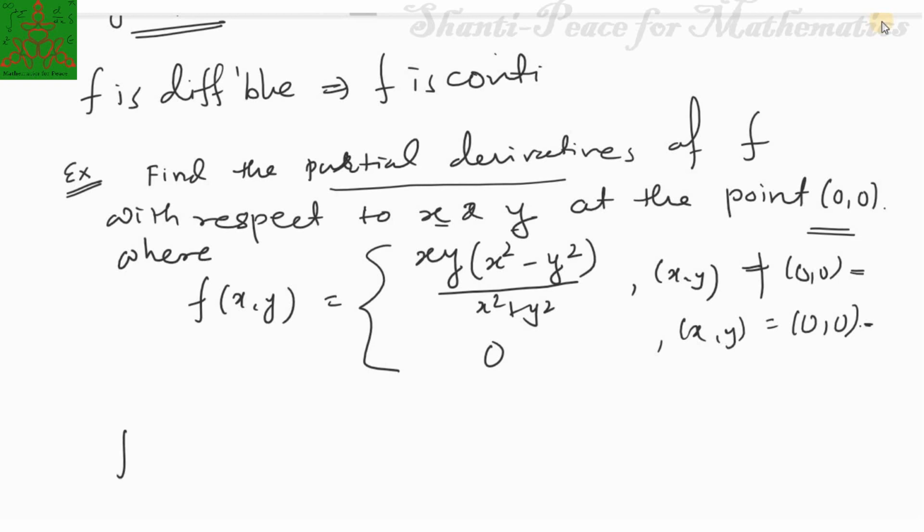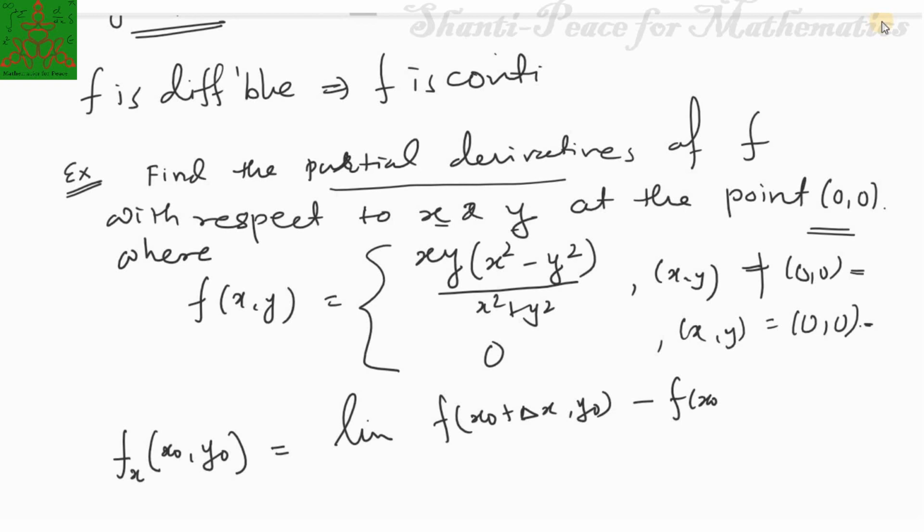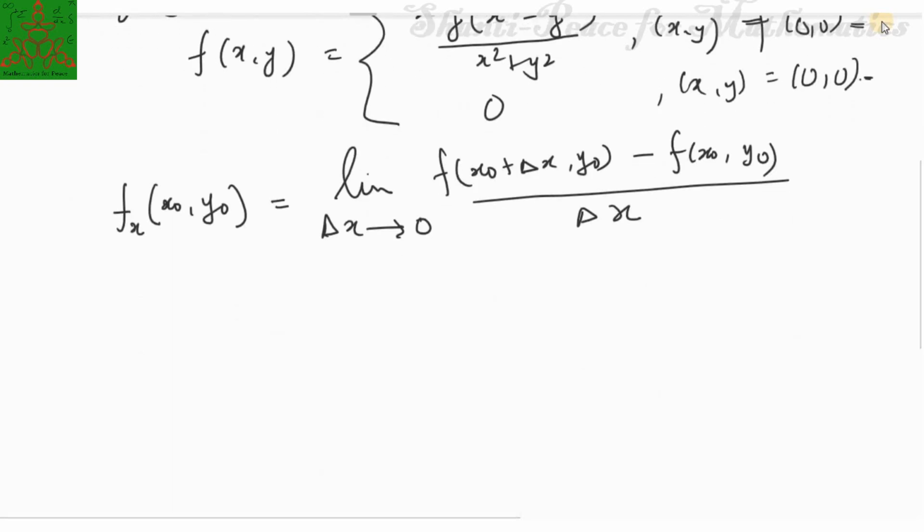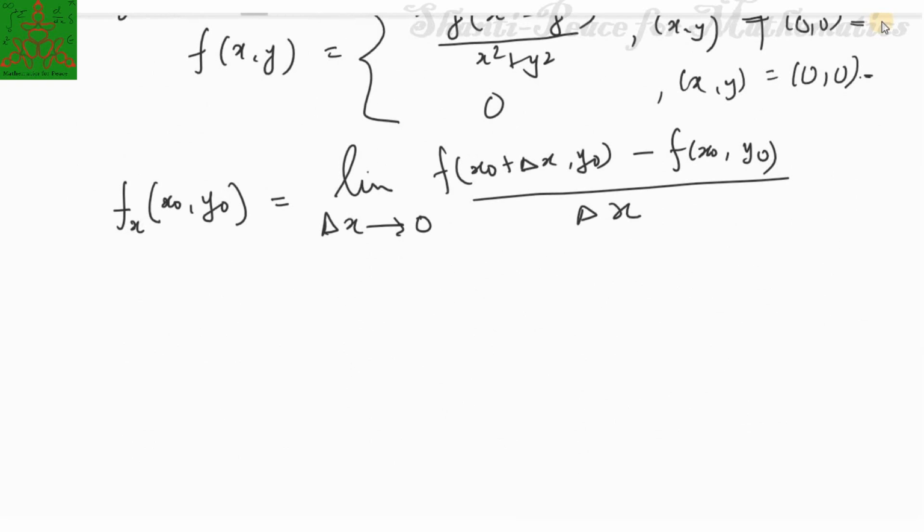Let us recall, as you have studied in my previous lecture, f_x at the point (x0, y0) is the limit of f of (x0 plus delta x, y0) minus f of (x0, y0) upon delta x as delta x tends to 0. That is the partial derivative of f with respect to x at the point (x0, y0).